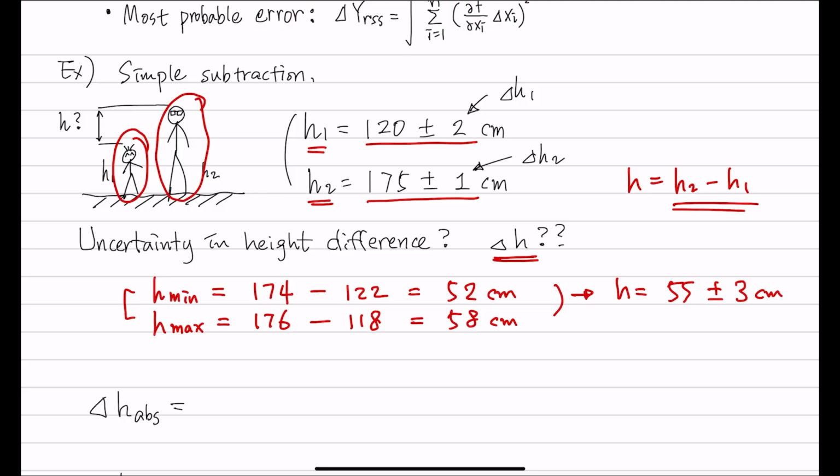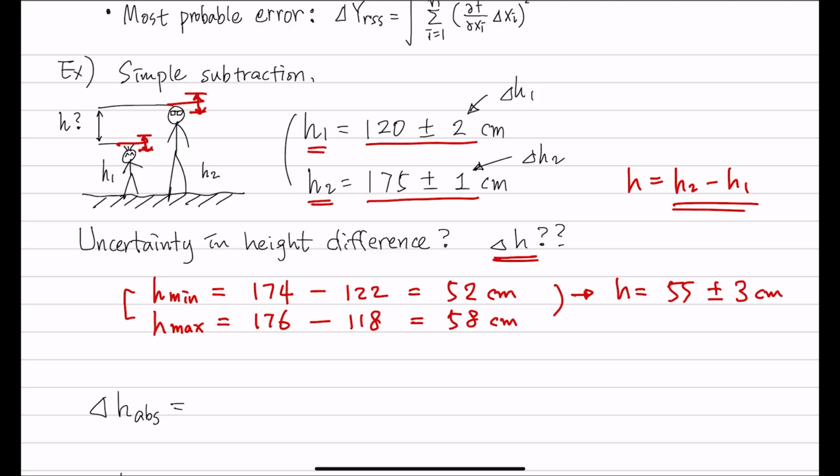centimeter. Yes. Why is it 174? The question was, why isn't this going to be 174 minus 118? And the reason why is I want to find the case where it makes the h value to be the minimum. So we can think this guy has a height ranging like that, and this has a height ranging like that.